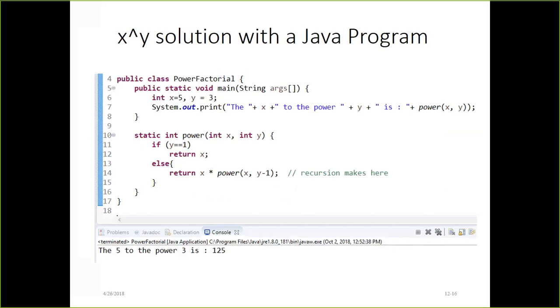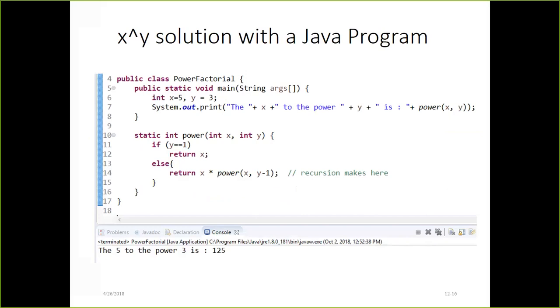Line 11, if y equal to 1, this y, then return x. She's just asking about the syntax, why there's no curly brace between that and else, right?